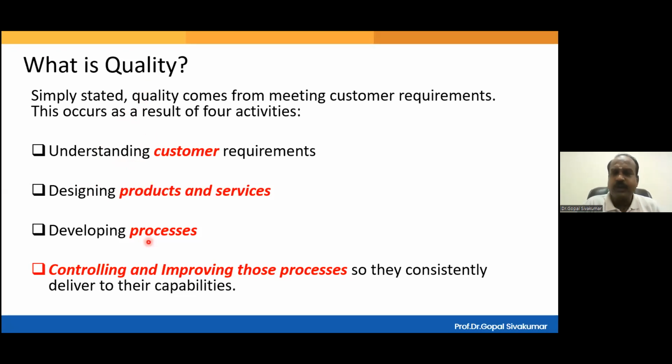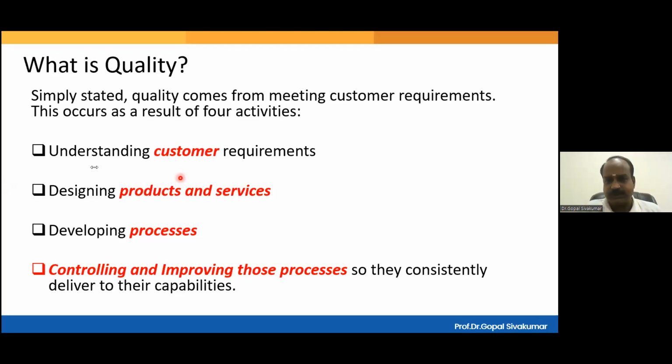You will go for developing a process that is suitable for mass production, in a way that the quality of the first product and the quality of the nth product are the same. A process is considered to exist if the quality of the first output and the quality of the nth output are the same. n can be 10, n can be 1000, n can be 1 million. The quality has to be the same.